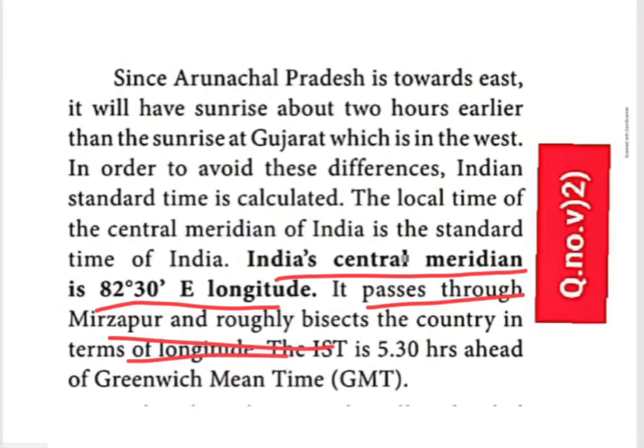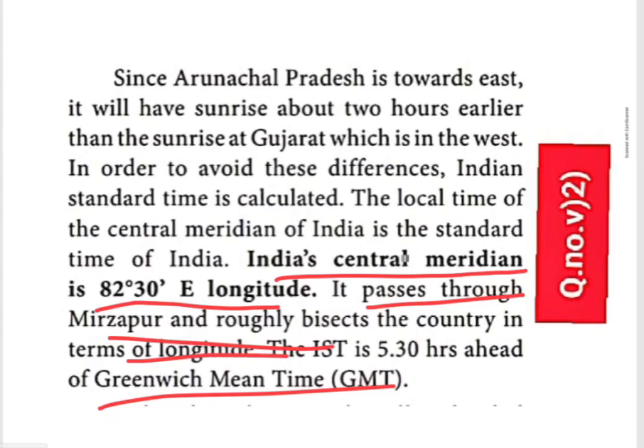The difference between 0 degree, that is Greenwich Mean Time, and 82 degree 30 minute east longitude is 5.5 hours, 5 hours 30 minutes ahead of the Greenwich Mean Time. So 5 hours 30 minutes difference is there between Greenwich and Indian Standard Time. So that only they are telling.